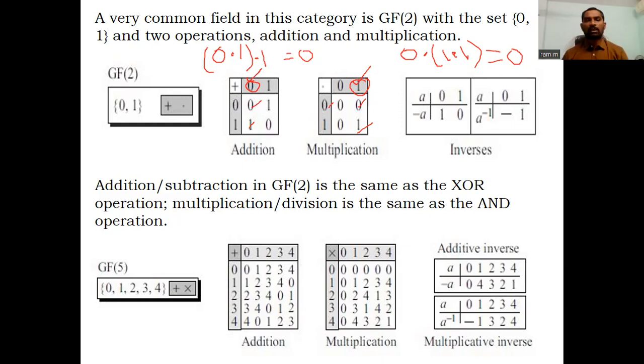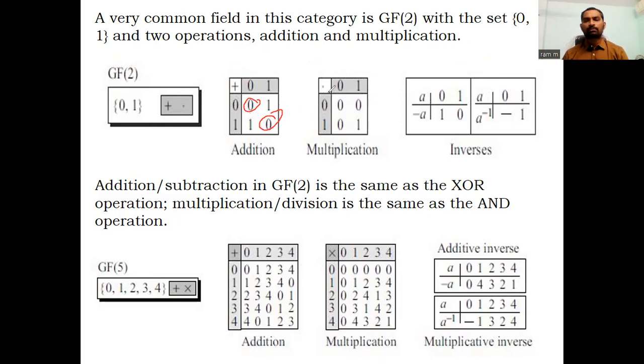Then what is the fourth property? We should have an inverse. If I do 0 plus 0, I get 0. If I do addition with 1 plus 1, I get 0. So they are all self-inverse: 0 is the inverse of 0, and 1 is the inverse of 1 in the plus operation.